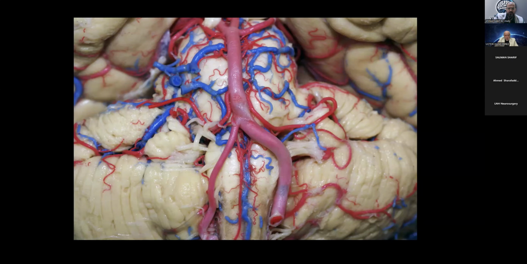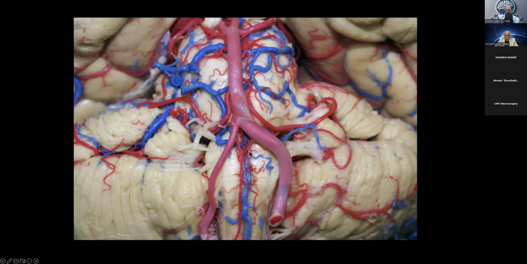So in color red, we have the arteries. In this picture, on the left we have a dominant vertebral artery and a hypoplastic right vertebral artery.